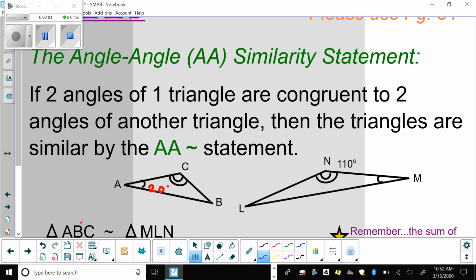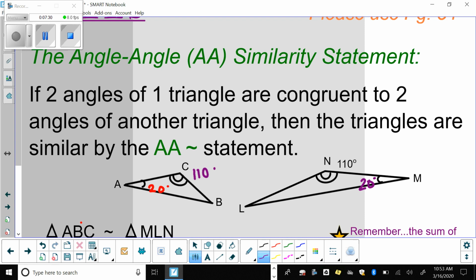So first of all, look at the triangles I just kind of made up. Based on the markings, I can conclude angle A is congruent to angle M. So I'm just going to write in 20 degrees. Based on the markings, angle N is congruent to angle C. We've talked about this before: the sum of the interior angles of all triangles has to add up to 180.